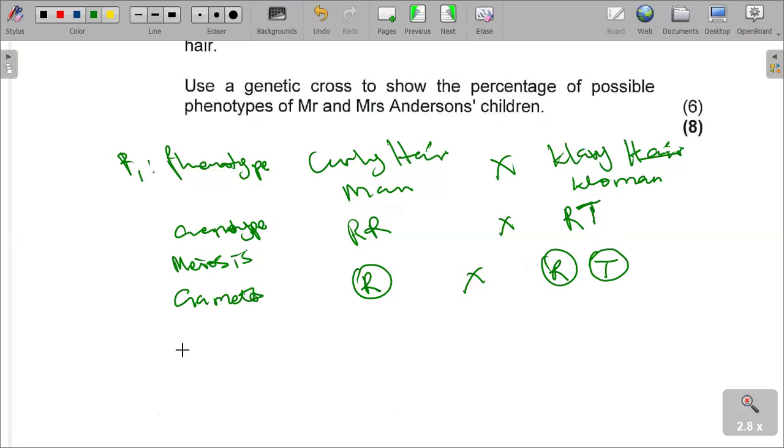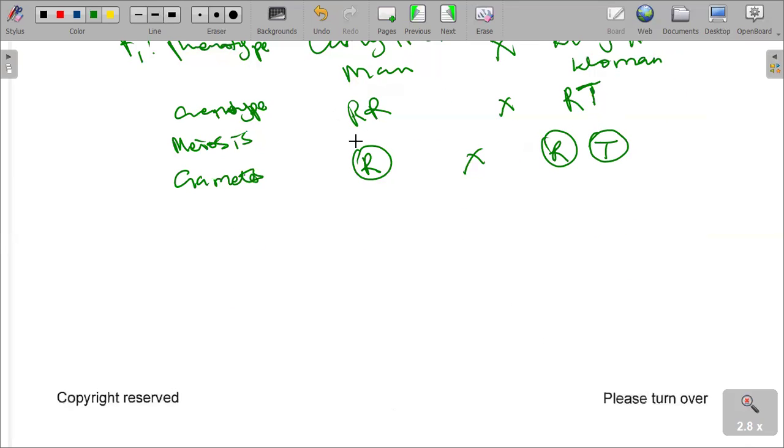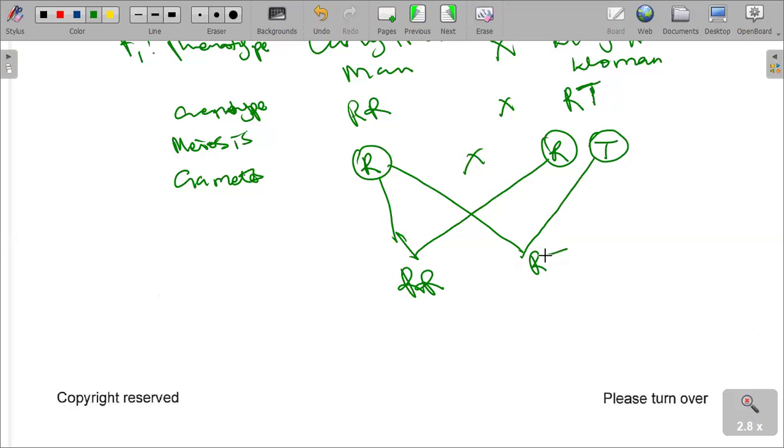As we cross them, this R crosses with this R and we have RR, and this R crosses with this T and we have RT.